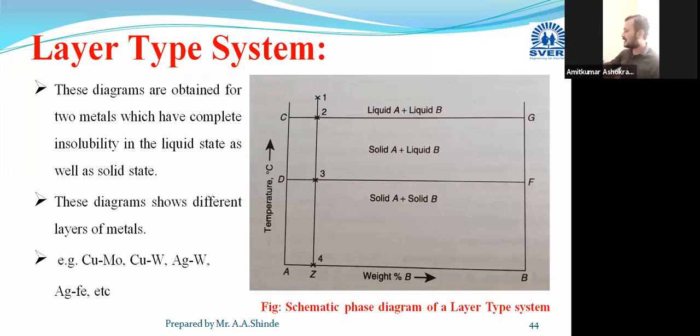But in the case of the layer type system, as these both metals are completely insoluble in each other in liquid state, a mixture of two different liquids will be there, two different colored liquids. Liquid A and liquid B will be there in this 1 to 2 region.